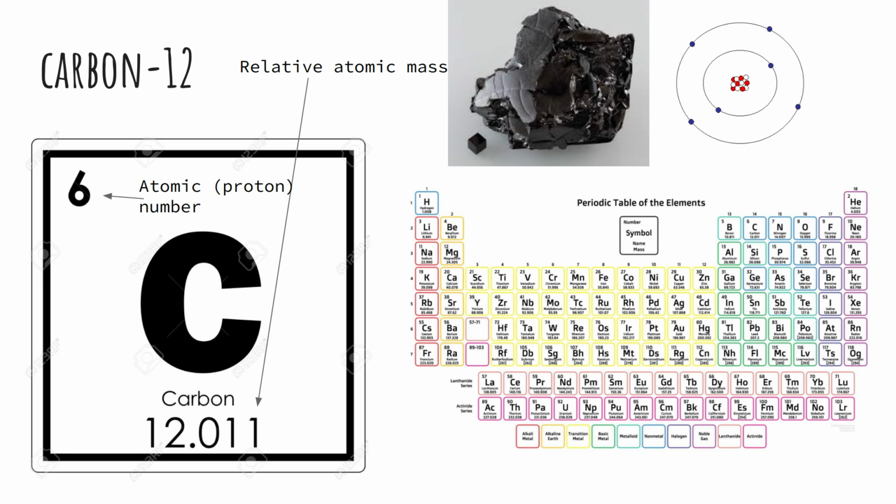So carbon has 6 neutrons and 6 protons, as you can see in the diagram at the top right. So it has a relative atomic mass of 12. Hydrogen atoms have 1 proton and no neutrons, so it has a relative atomic mass of 1. And chlorine has 17 protons and exists in various different states with different numbers of neutrons.